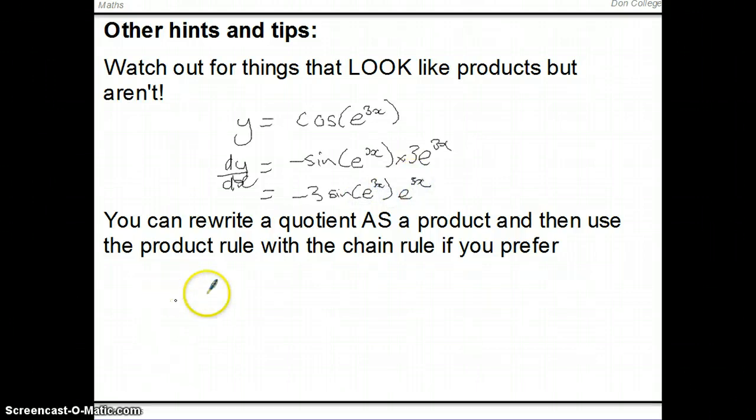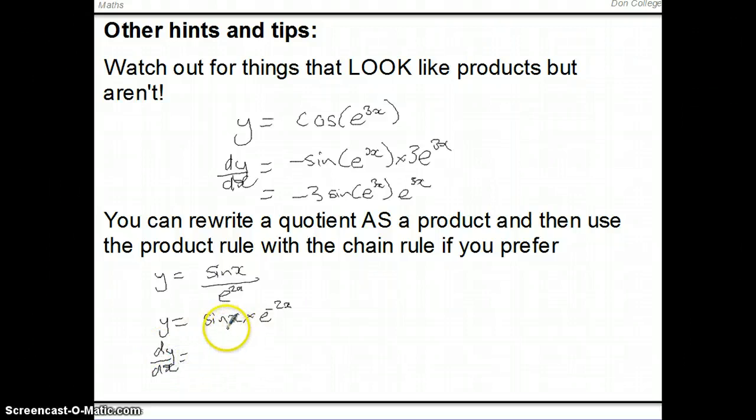You can rewrite quotients as products and use the product rule. Sometimes you have to use the chain rule as well. So if, for example, y was equal to sine x over e to the 2x, you could rewrite that as sine x times e to the minus 2x when you bring this up. Change the power. Then you could just differentiate it using the product rule.